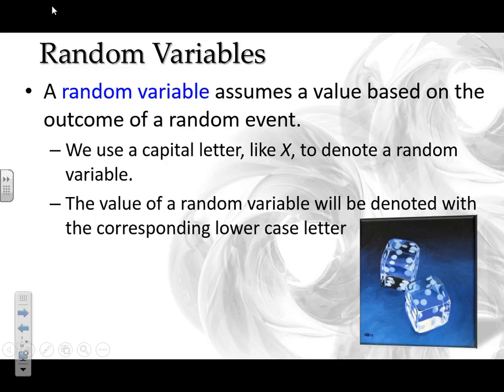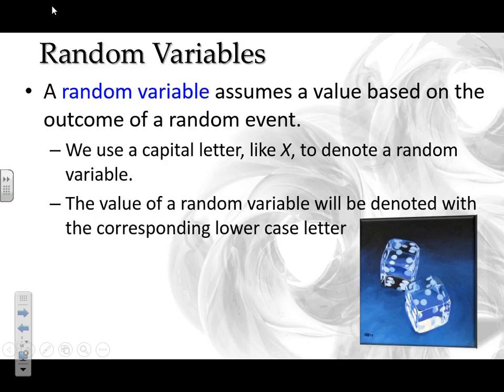Lowercase x is the actual value it can take on. Or if you denoted your random variable as capital C, then lowercase c would be the value it can take. So capital letter is what you define the random variable as. Lowercase letter is a specific value of that particular random variable.